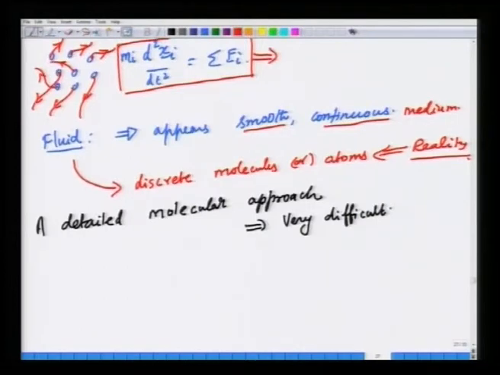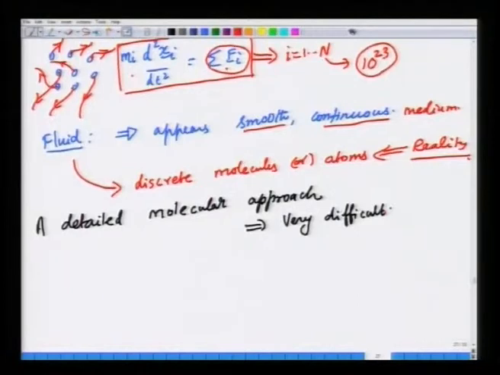Here the number of particles i goes from 1 to n, where n is the total number of molecules, and this n is of the order of 10 to the 23, Avogadro's number. Even if you consider 1 mole of a liquid like water, there are 10 to the 23 molecules. It is just not possible to solve Newton's equations for such a huge number of molecules, even if we know all the forces accurately at a molecular level. So, a detailed molecular approach to the problem is very, very difficult.